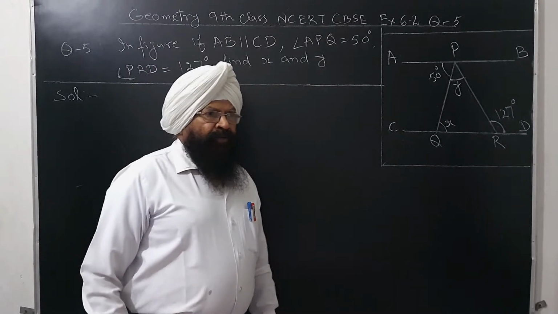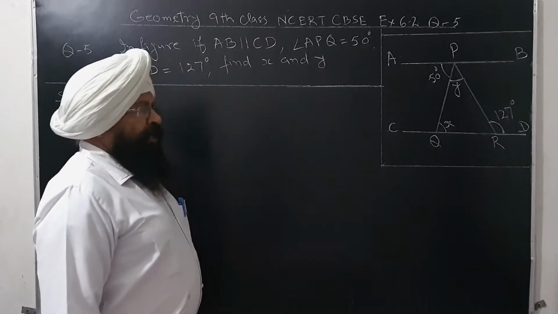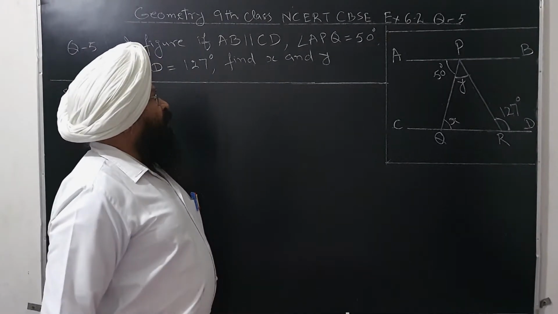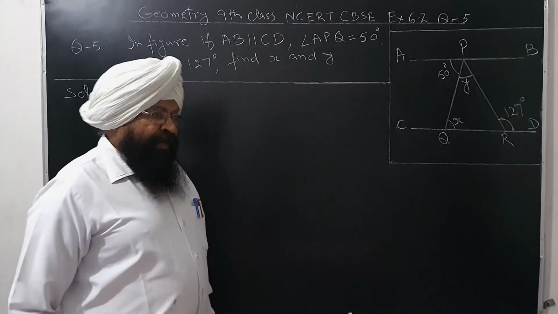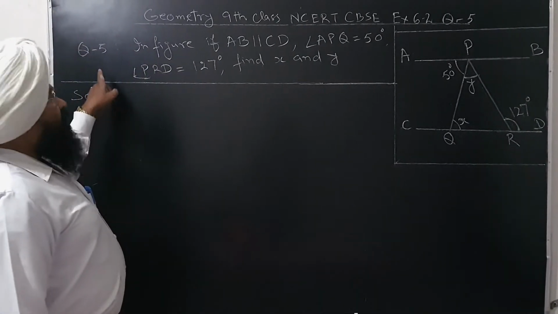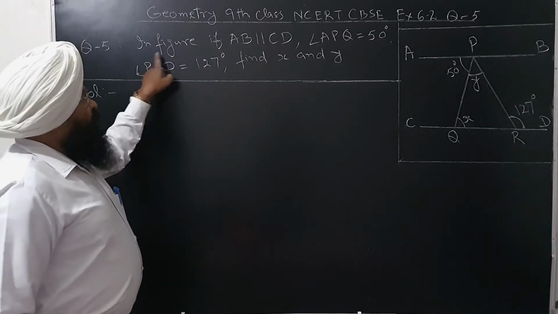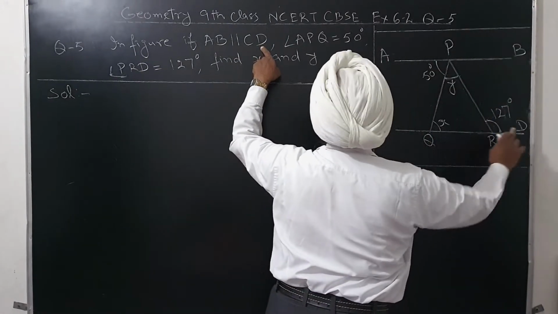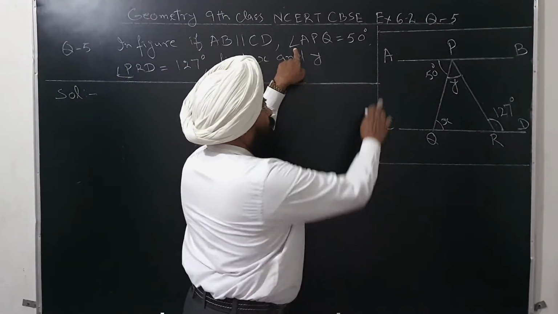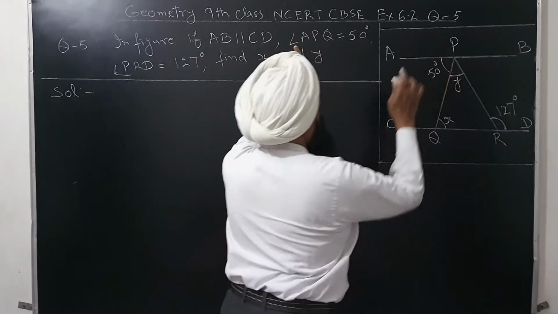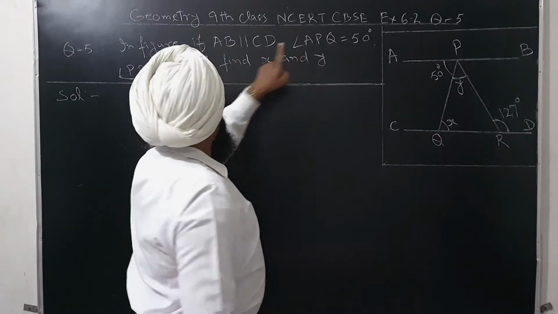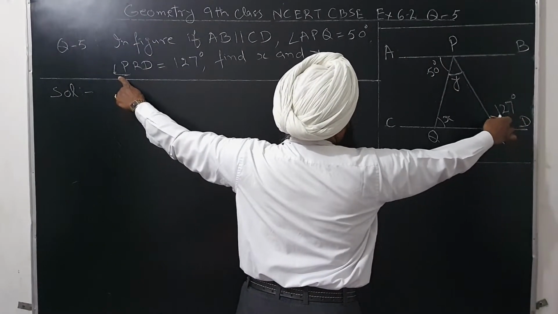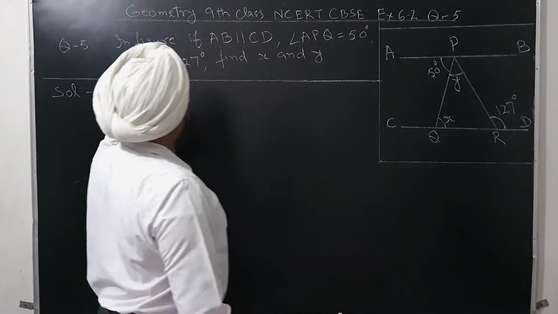Dear students, today we are to solve a sum, and that is question number 5 of exercise 6.2, and it is geometry related to 9th class. And the statement of this sum is, in figure, if AB is parallel to CD, angle APQ is equal to 50 degree, and angle PRD is 127 degree.